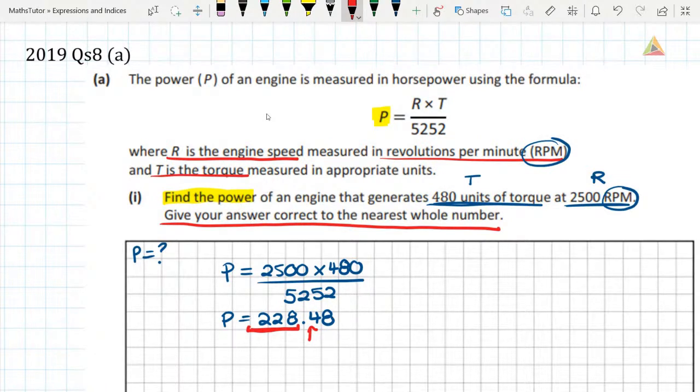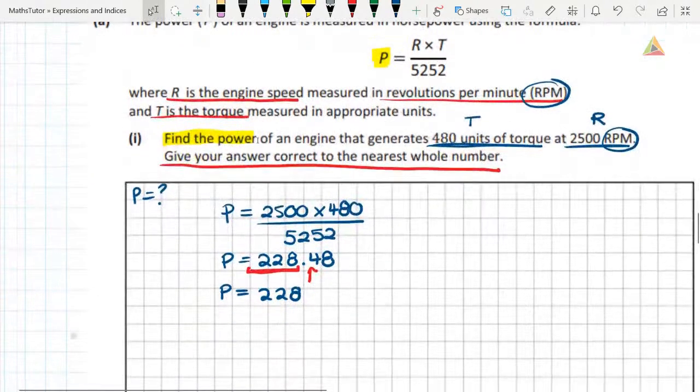If it's a 5, 6, 7, 8, or 9, I'm going to round up. So here we're going to say P is equal to 228, and I'm not going to round up the 8 because the number that comes after the decimal is a 4. So my answer for the power of this engine is 228. And it's measured in horsepower, so it doesn't have to have any units. So we're just going to say the power is 228.